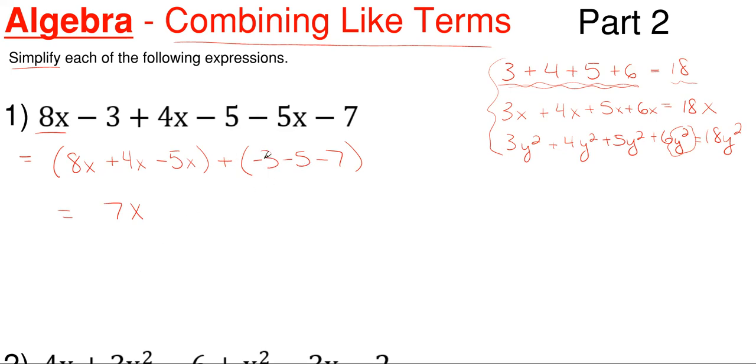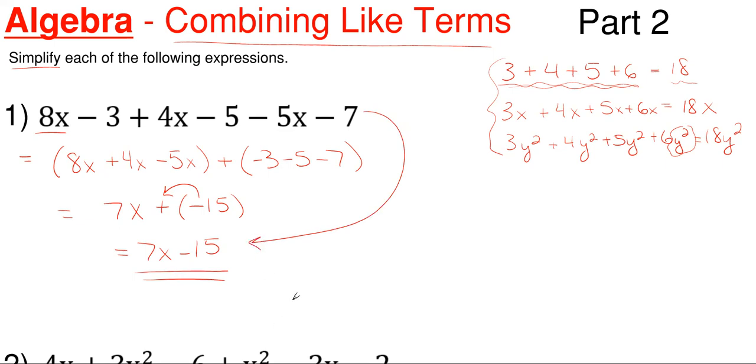And then I have minus 3 minus 5 minus 7 gives me a total of minus 15. Well, that minus sign is going to come in there and change that positive to a negative. So we end up with 7x minus 15 as our simplification. So this entire equation will boil down to 7x minus 15 once you combine all your terms together.